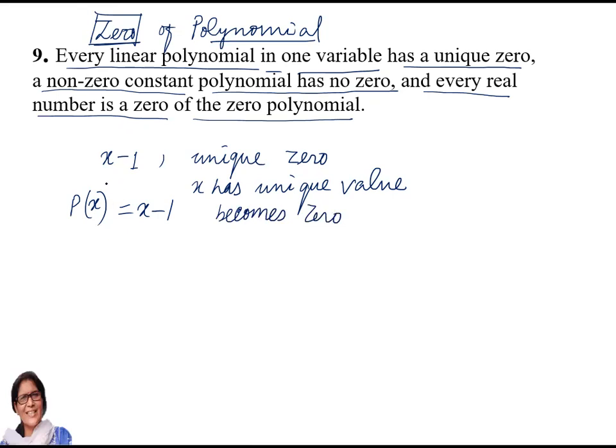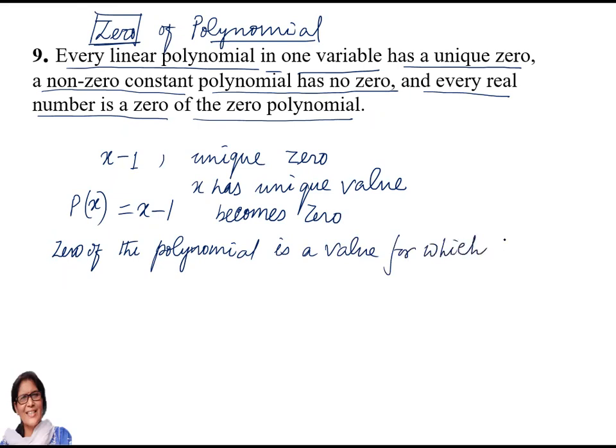एक लीनियर इक्वेशन पॉलिनोमियल में x का एक वैल्यू है जिसके लिए पूरा पॉलिनोमियल 0 हो जाएगा, वो 0 को हम बोलते हैं zero of the polynomial. So zero of the polynomial is a value for which the polynomial becomes 0.